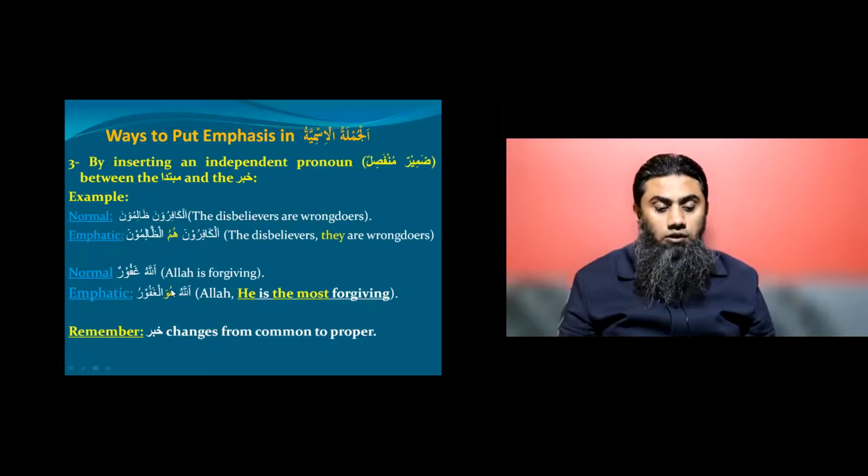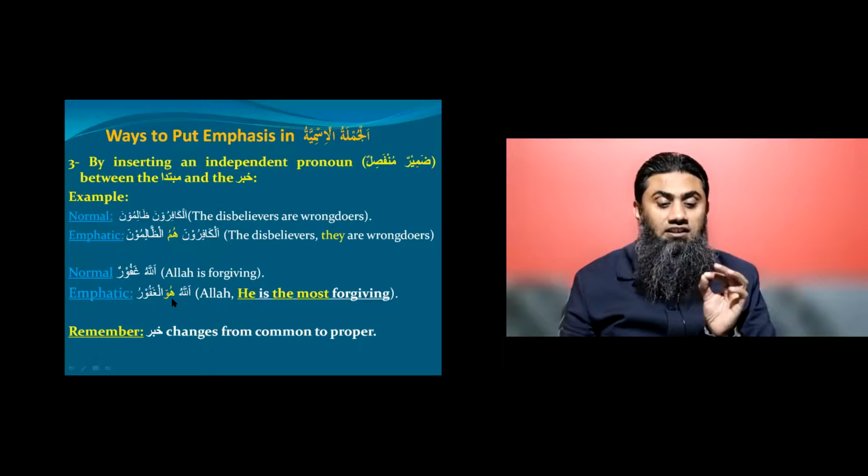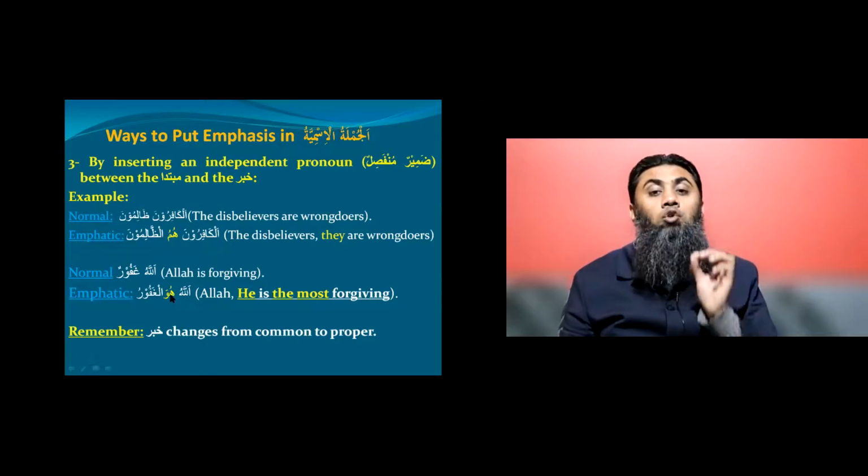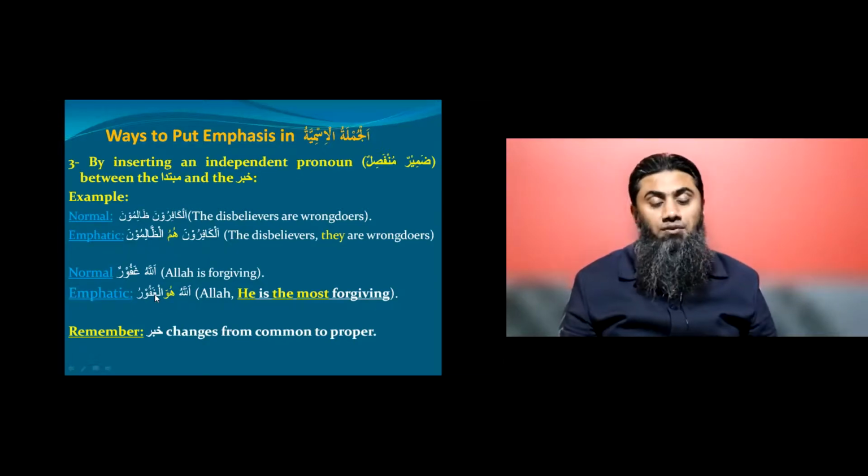Okay, and also what we did, ghafurun became al-ghafur. You make it proper. In this way, your sentence has become emphatic. And I mentioned here, remember, khabar changes from common to proper. Same thing I explained before, that when you use this kind of emphatic structure of independent pronoun, you always make your khabar proper. Clear?